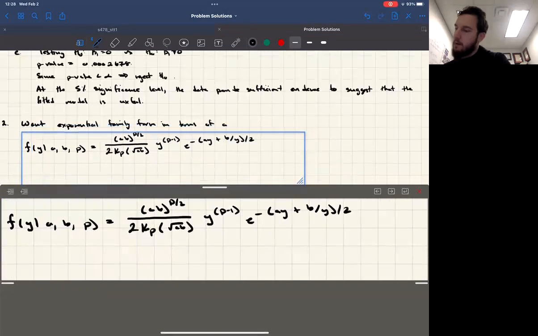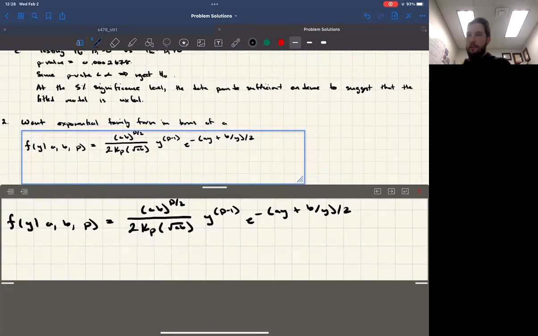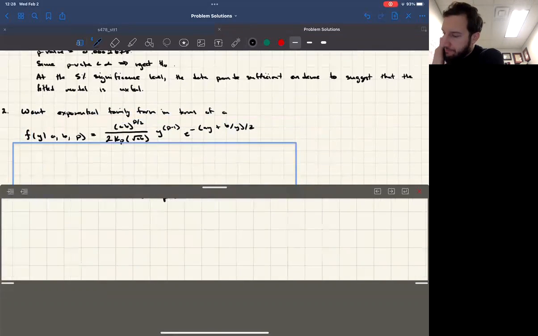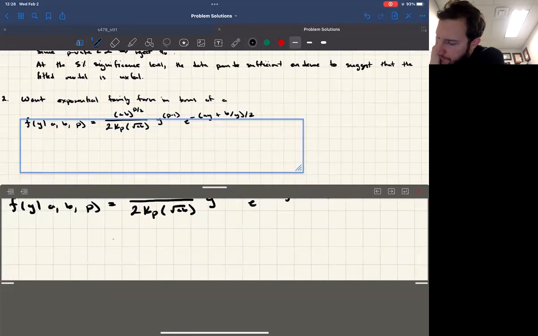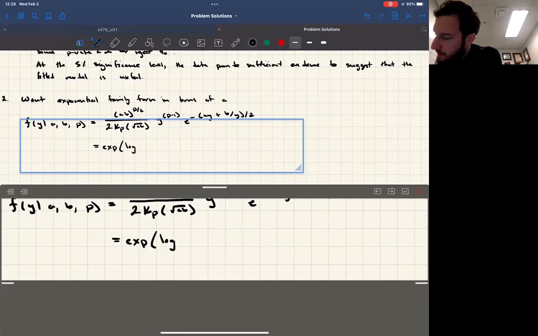All right. So we want to get this into the exponential family form. To do that, we are going to take the exponent of the log of this function. That's correct, right? I don't remember these things off.